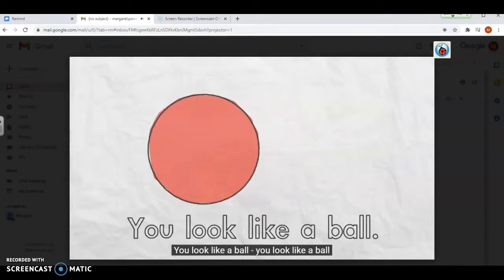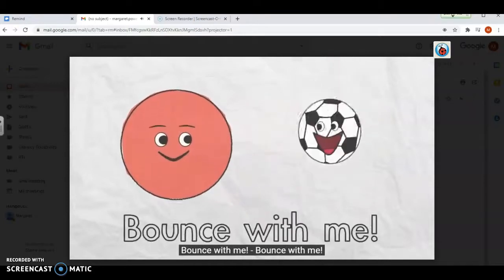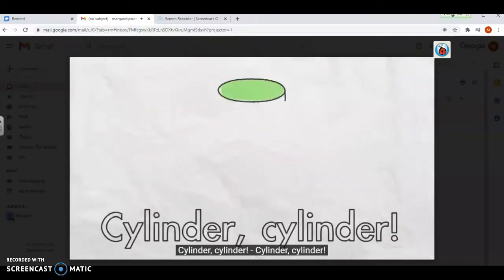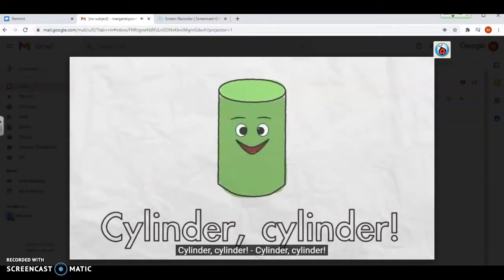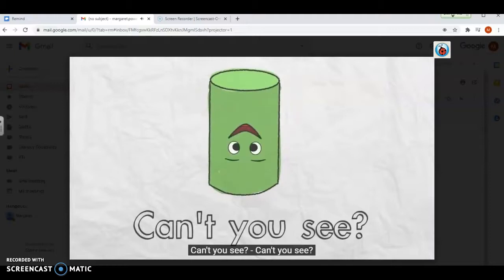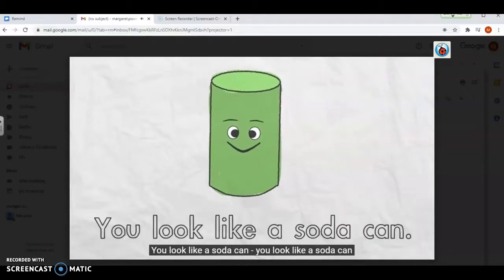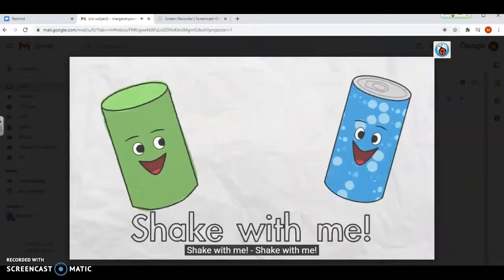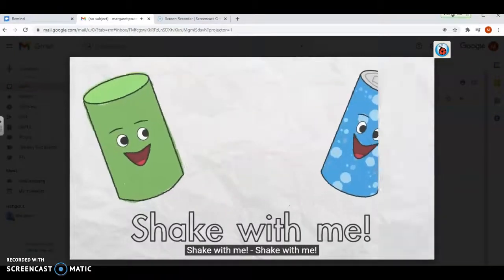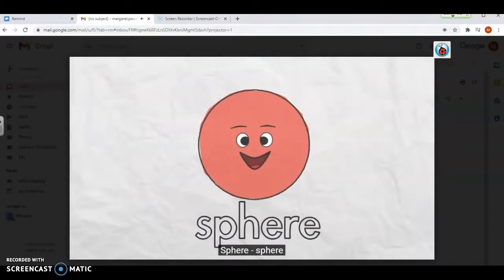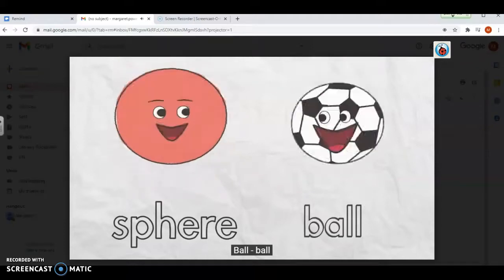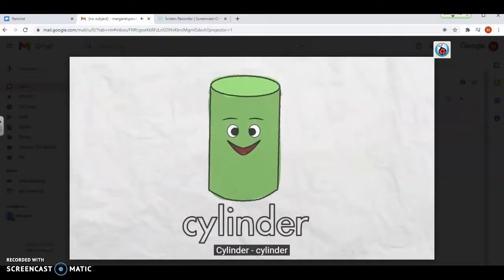Like a ball. You look like a ball. Bounce with me. Cylinder, cylinder. Can't you see? You look like a soda can. Shake with me. Sphere. Ball. Cylinder.